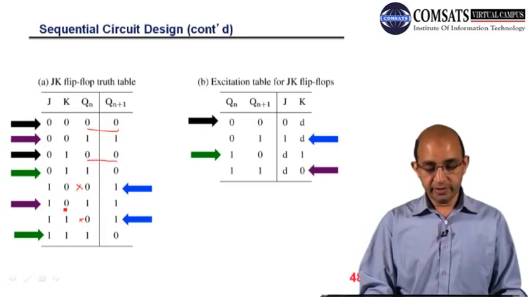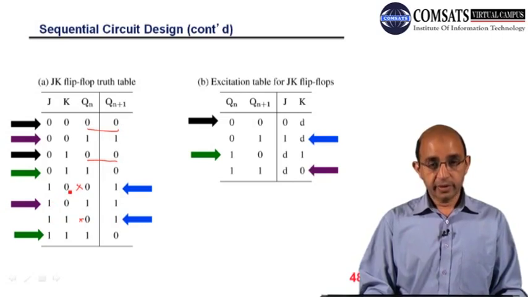So here K remains 1. So you can see J is 1, but we have K 0 or K 1. So again we can put D here mentioning don't care.